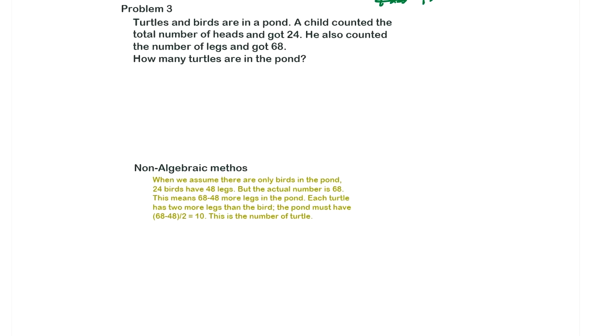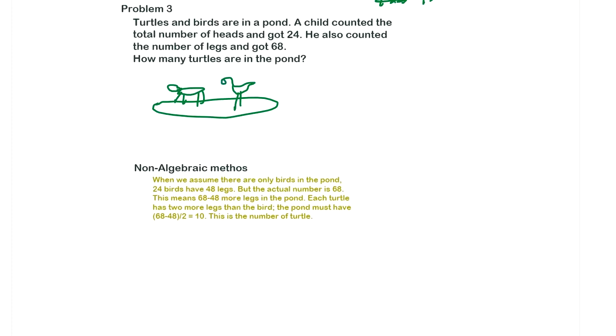To tell you the truth, this is a hard problem without algebra. How do you approach this problem? Think carefully, okay? You have a pond, and you have a turtle, a 4-legged turtle, and you have birds standing with 2 legs.